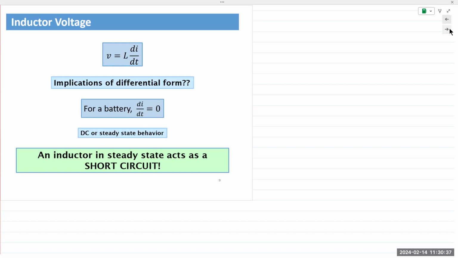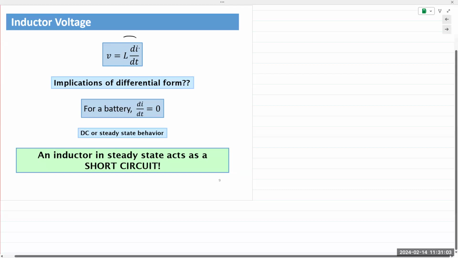But once it reaches 1 amp, that voltage slowly drops to 0. If after a certain amount of time that 1 amp goes to 2 amps, then again the voltage would appear across the inductor. But once the inductor reaches 2 amps, that voltage would again fall to 0, and it keeps going on, so on and so forth. But as long as the current is constant, the voltage remains at 0.